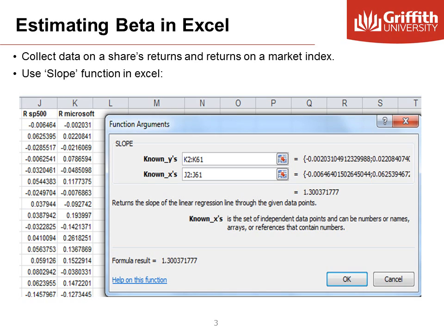And remember we mentioned that on the y-axis go the returns on the share, and on the x-axis go the returns on the market. Always remember this rule. It's very important so you don't mix up the order. So the result, 1.3, is the beta, the coefficient of the regression.